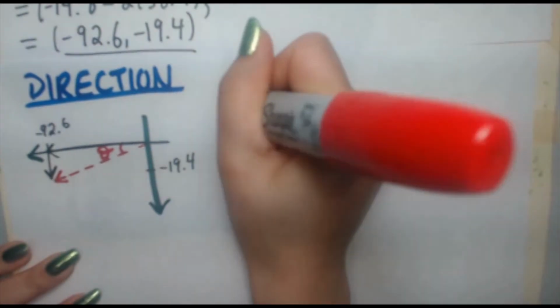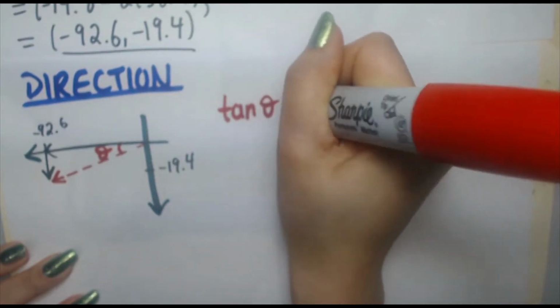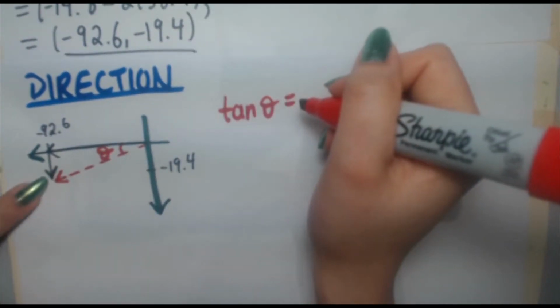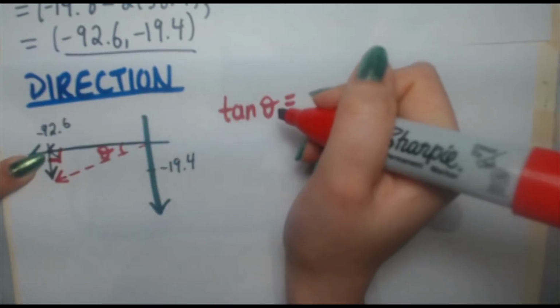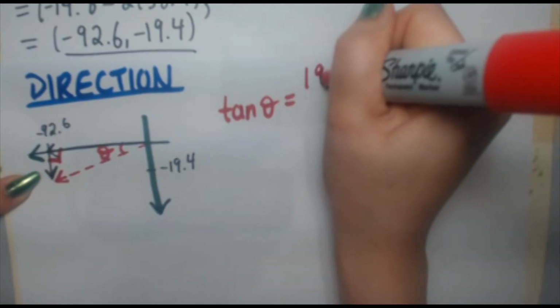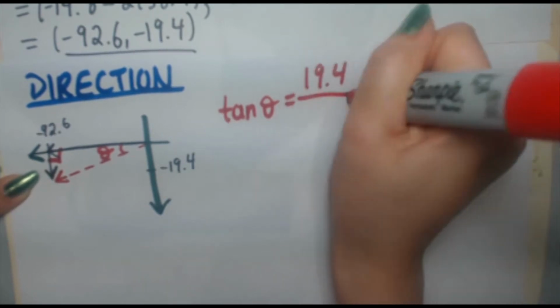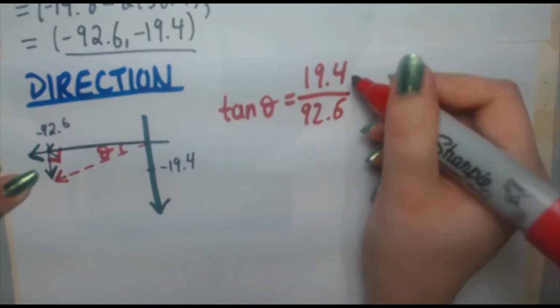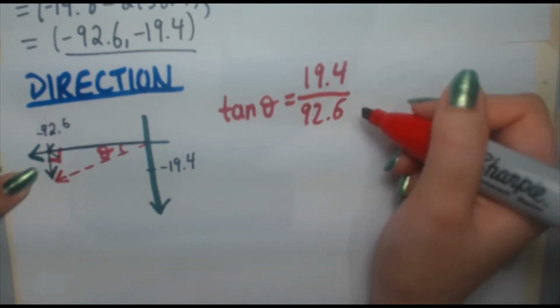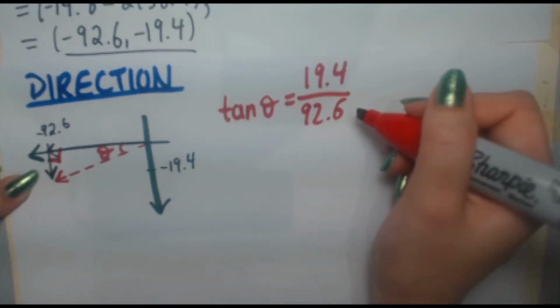Now let's calculate what theta is. So tan theta is equal to opposite over adjacent. This value, the side of this right angle triangle, is 19.4. And remember, like I mentioned in the previous video, I'm not putting the signs in. I can always determine that later. So 19.4 divided by 92.6.